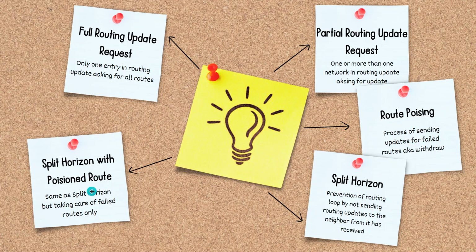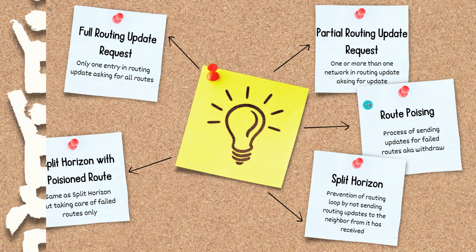When we have route poisoning, and a particular device is sending us the poison routes, we will not send those poison routes back to that device. So that's split horizon with poison routes. These are the specific RIP scenarios that you need to be aware of.